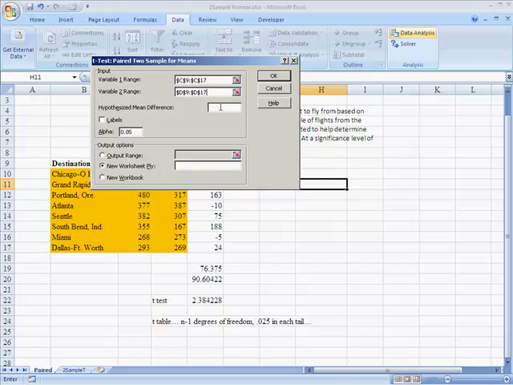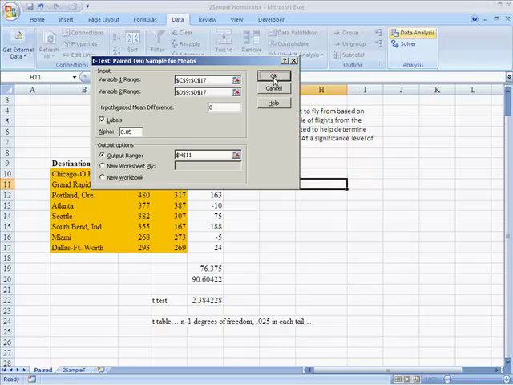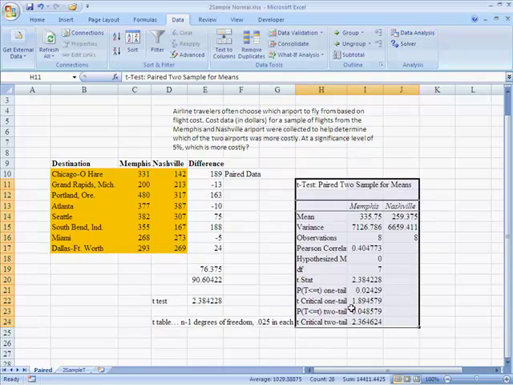A single destination in this case, getting a price from Memphis and a price from Nashville. My hypothesized mean is 0. I did indeed pick up the labels. I'm looking at an overall significance of 5%. How about for an output range? I pick this up and ask it to put the output right there. Okay, and there it is.